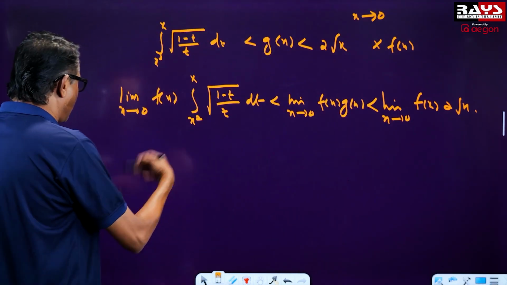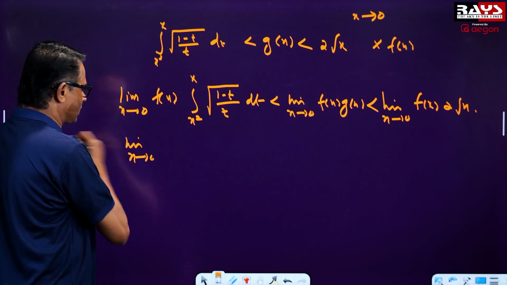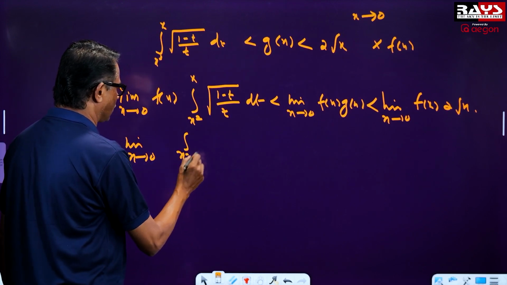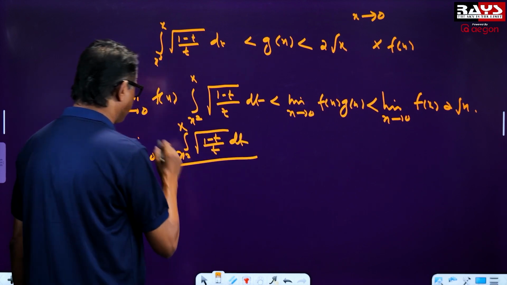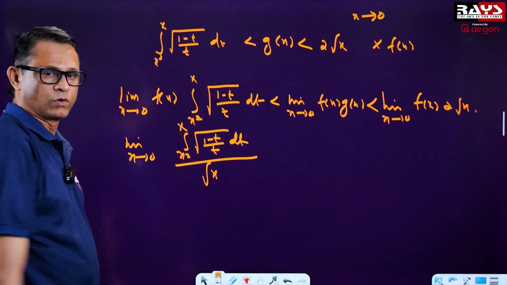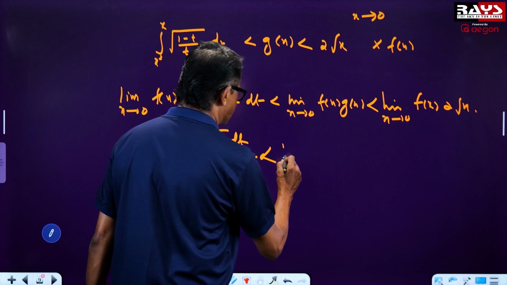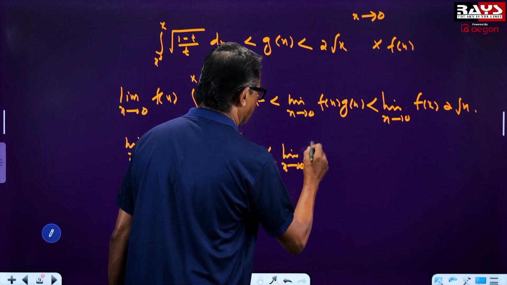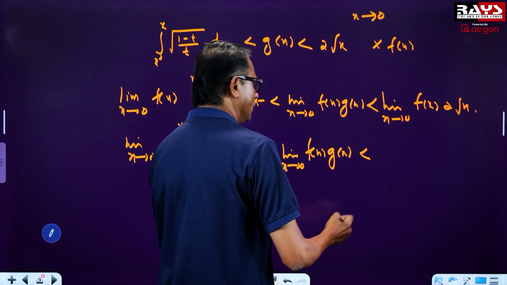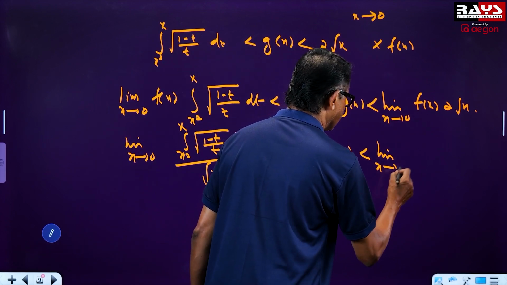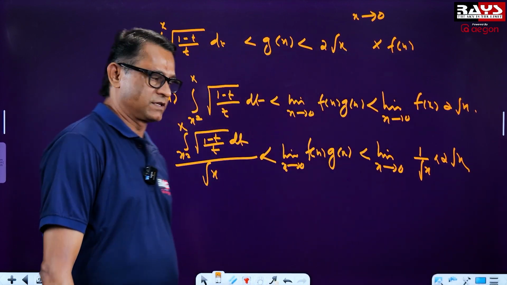So I replace it with 1 by root x: the limit as x tends to 0 of the integral from x square to x of root of 1 minus t by t dt into 1 by root x is less than the limit of f of x into g of x, less than the limit of 1 by root x into 2 root x.